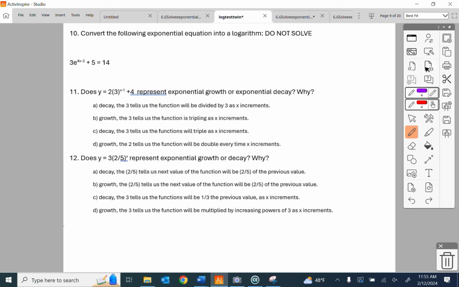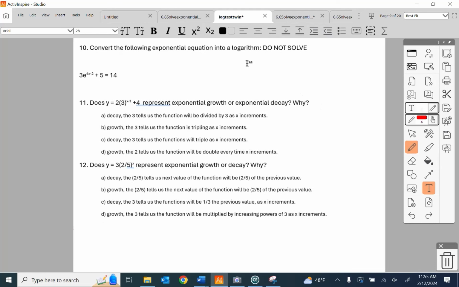Number 10 is convert the following exponential equation into a logarithm, but do not solve it. And before you do that, that's the deal. Before you can convert, you must isolate. So I notice I can take away 5. I'd have 3e to the 4x minus 2.